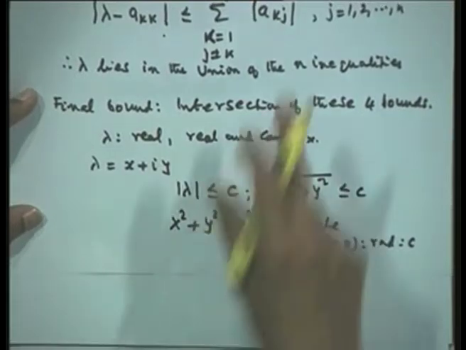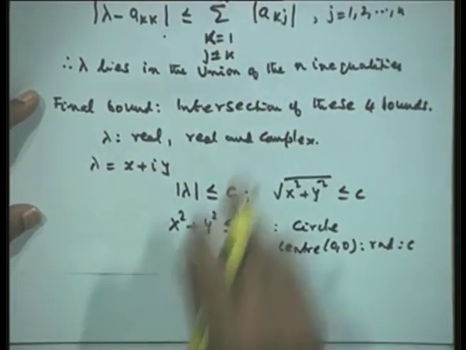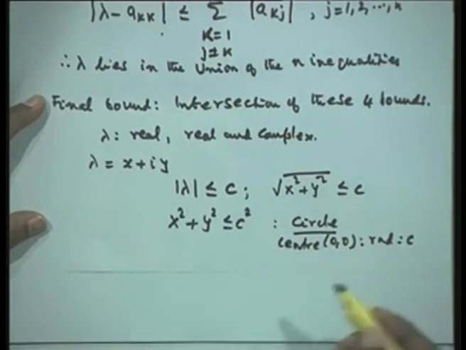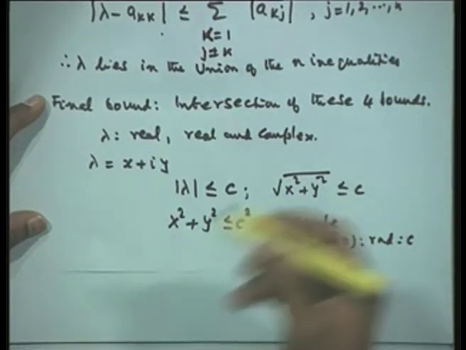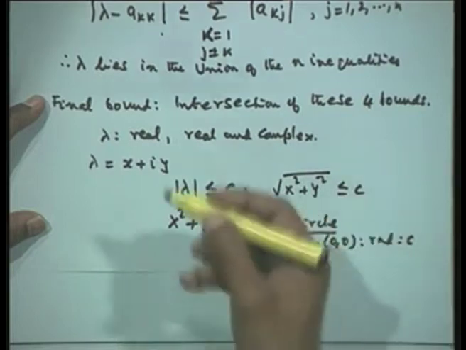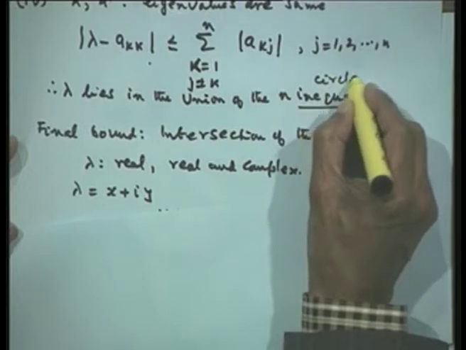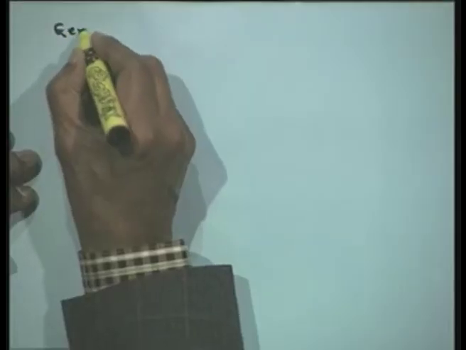Therefore, all the bounds that we have got here, at that time we had written as inequalities. Now, we can show that all of them are circles. Once the eigenvalues become complex, they all become circles. Therefore, these are called the intersection of these n circles. Now, in place of these inequalities, I can write down that these are n circles. Similarly in the other case, and these are all called Gershgorin circles.